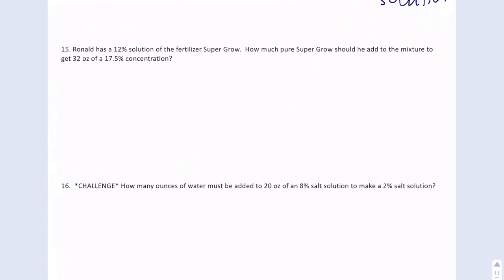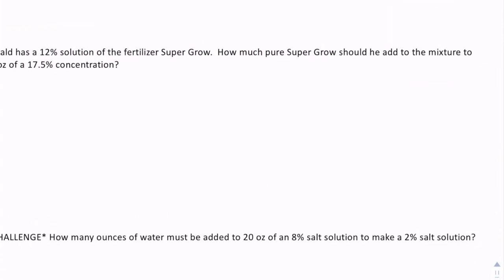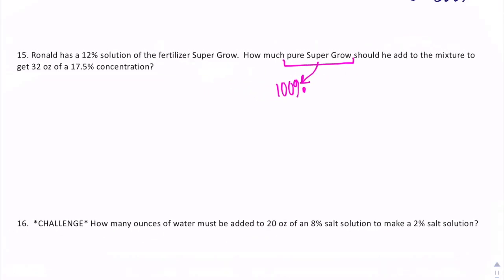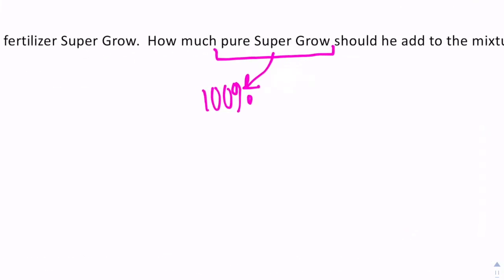Okay, number 15, I will also let you work on this on your own. One quick thing though about number 15 is it says how much pure Supergrow. Well, if it's pure, aka it's all the chemical, that percent is technically 100%. So one of these values for your percents is going to be 100%. Meaning, when you put it in decimals, this is going to turn into 1.